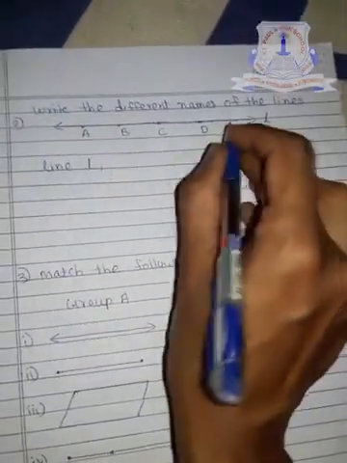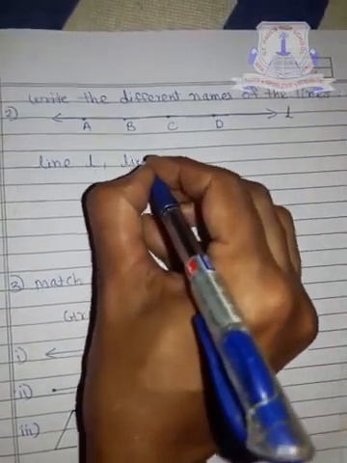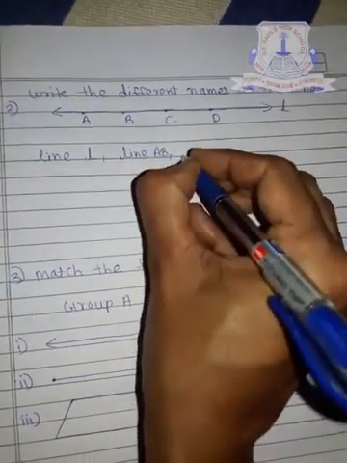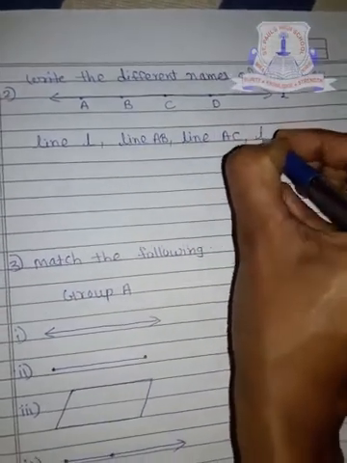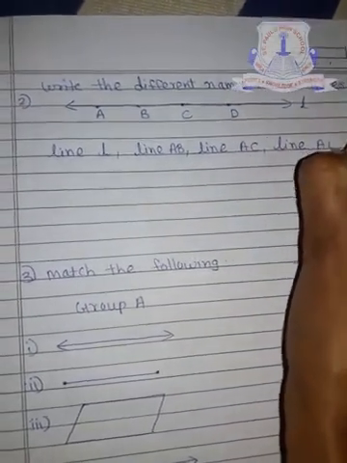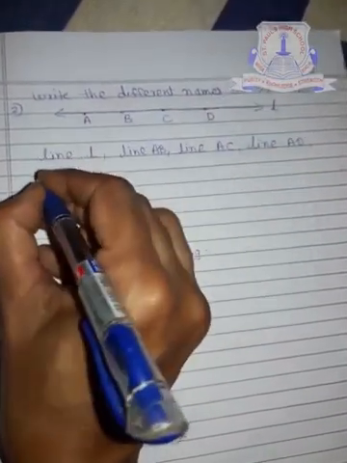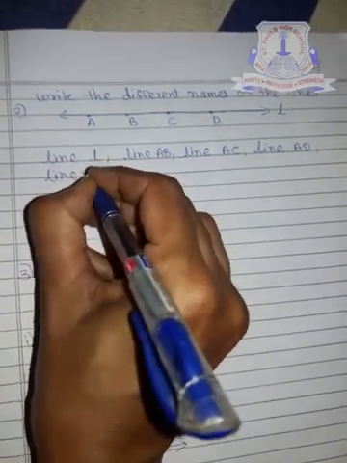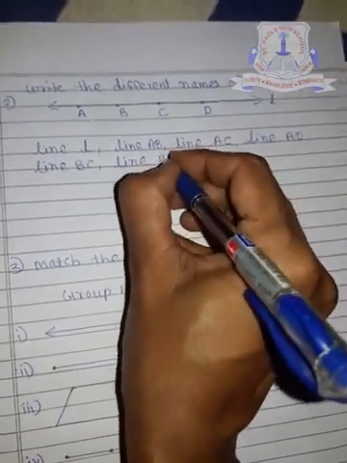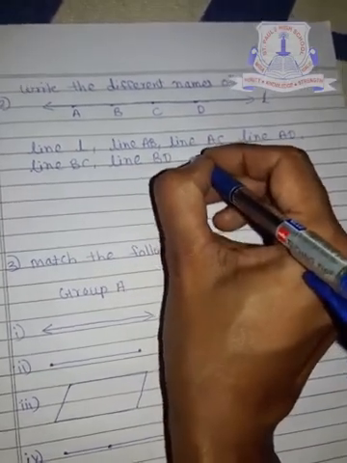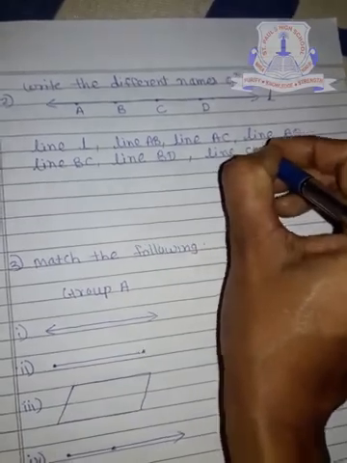After that we are going to take two points and write the names of the lines as line AB, line AC, line AD. Then I take the alphabet B: line BC, line BD, and the last one is line CD.